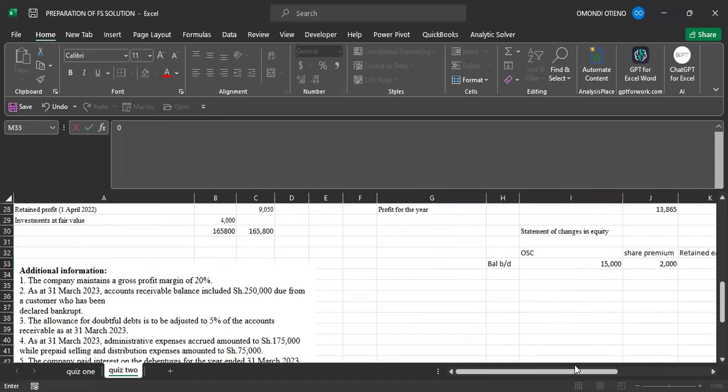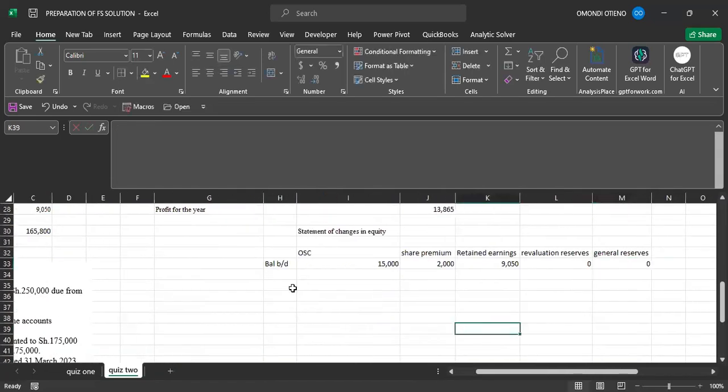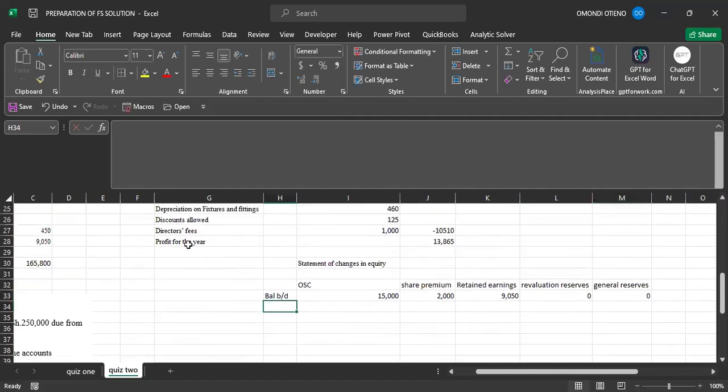Now, we have profit for the year, which will be taken to this statement of changes in equity.